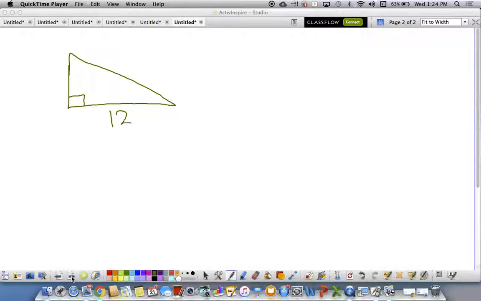Here we go. 12 and 13. Can you find x? Alright, this one.